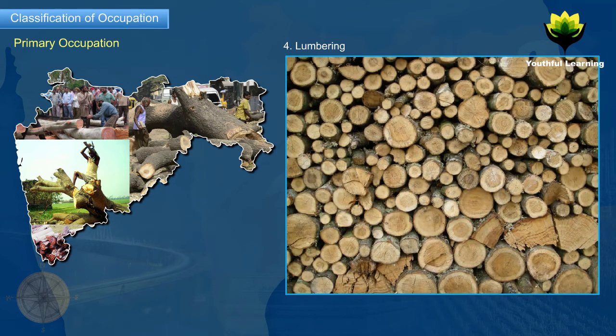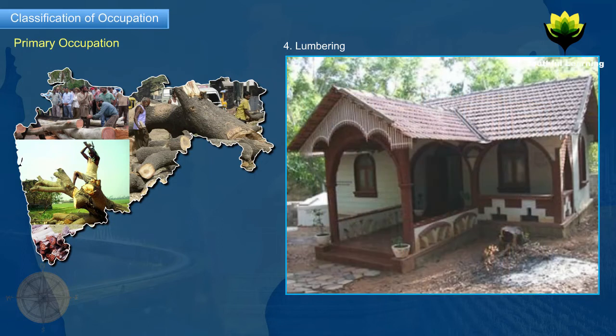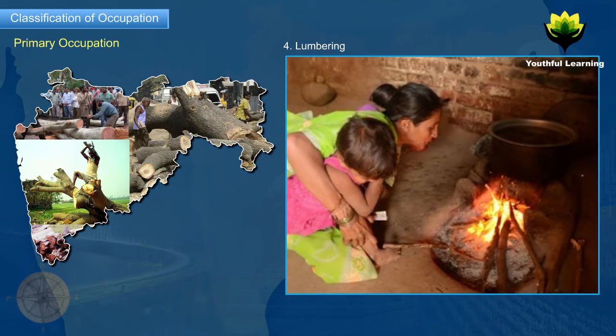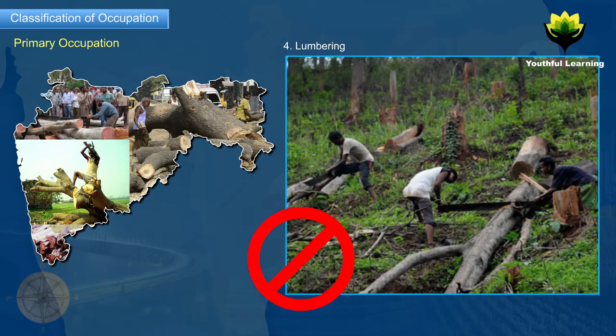The timber is also used to make furniture, houses, to produce paper, and as fuel. Reckless cutting of trees has depleted the forest cover in the plains of the state. Therefore, cutting of trees is legally banned and hence lumbering activities are reduced.